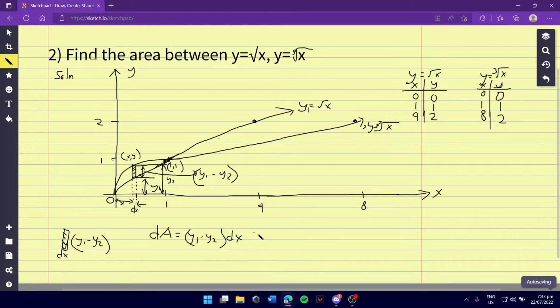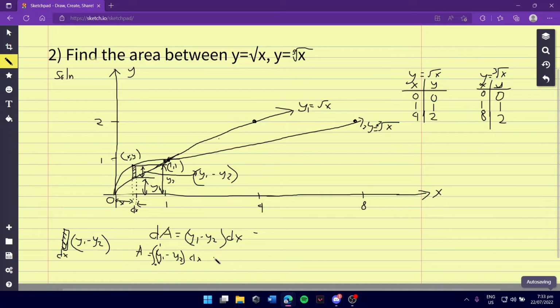Next, we will integrate both sides. So we have A is equals to the integral of y1 minus y2 times your dx. So since it has the intersection from 0 to 1 here, our limit is from 0 to 1.